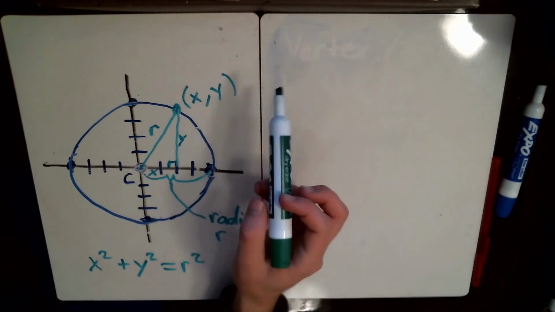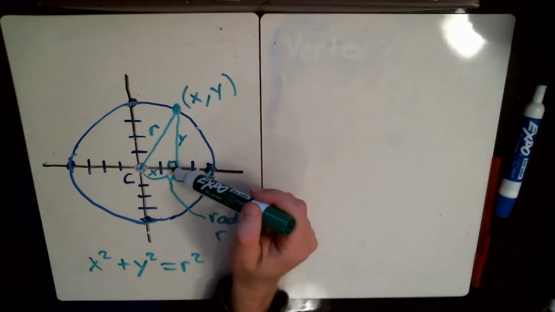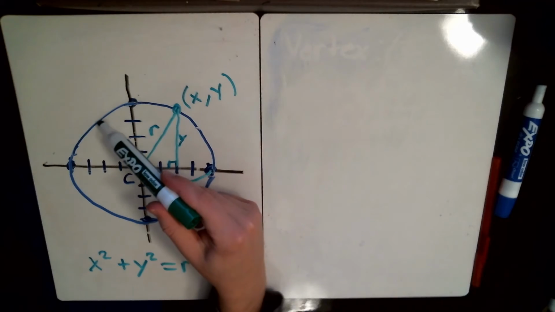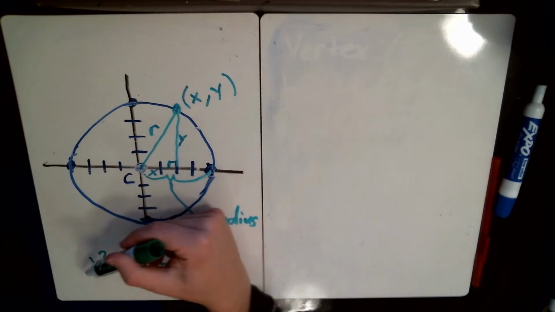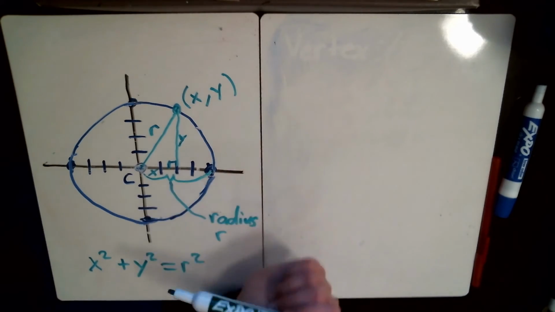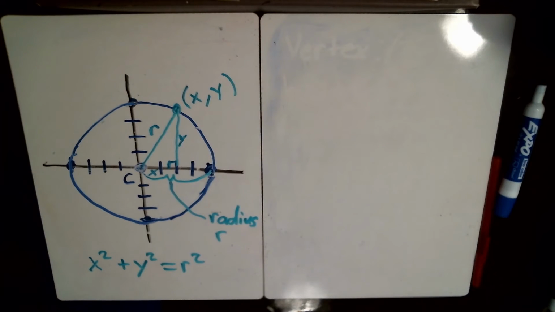And it doesn't matter what x and y value I choose along this circle, right? This will always work. So this is actually how we would get the equation of a circle centered at the origin, at 0, 0. Okay, so a circle centered at 0, 0 is x squared plus y squared is the radius squared.